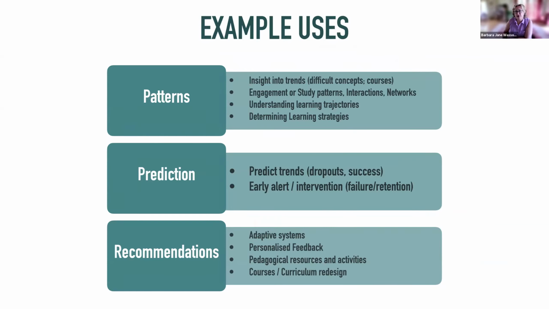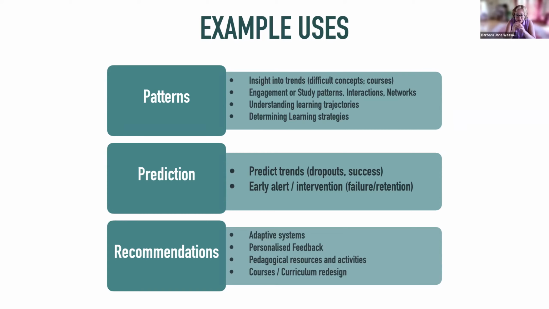You can look for engagement or study patterns, interactions, networks. If you've got people working in discussion groups, for instance, you can look for patterns of networks, of who's talking to who, what topics are going on, and things like that. A lot of that work is usually done in the field of computer-supported collaborative learning. And then you can look for learning trajectories, or you can determine learning strategies of students, etc. So you're looking for these kinds of patterns in the data.